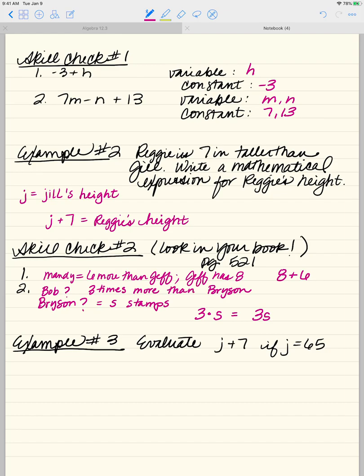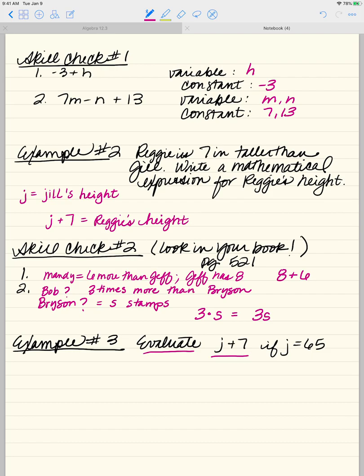Okay? Now, sometimes we are given an algebraic expression. Look at example number 3. J plus 7 looks familiar. It's our relationship between Reggie and Jill's height in example number 2. Sometimes we're given an algebraic expression and then we're given a value for the variable, and we're asked to evaluate the algebraic expression.